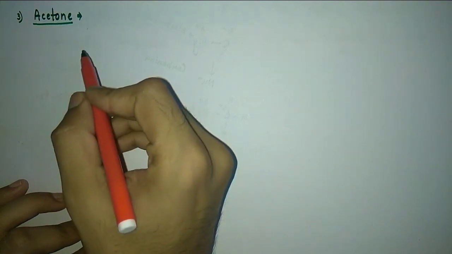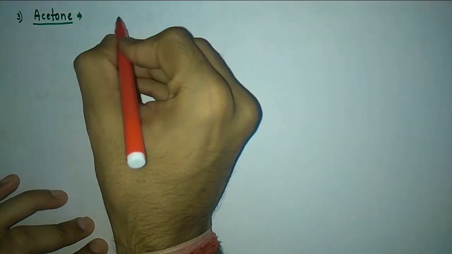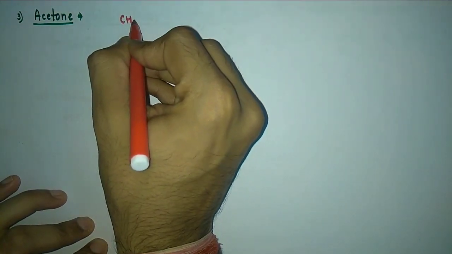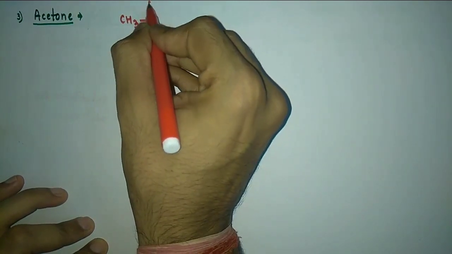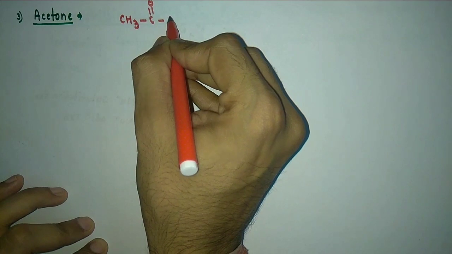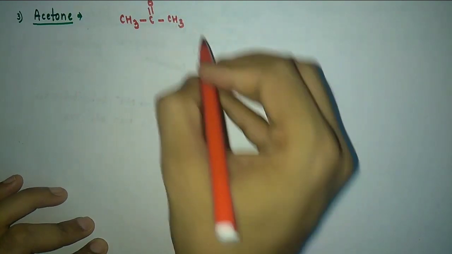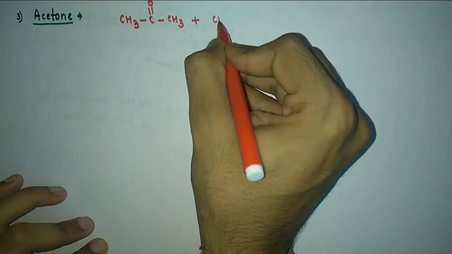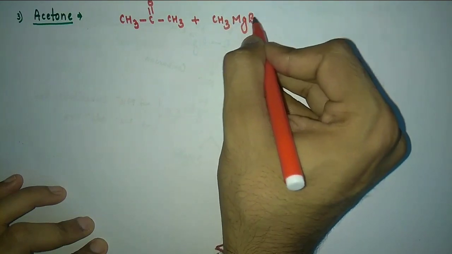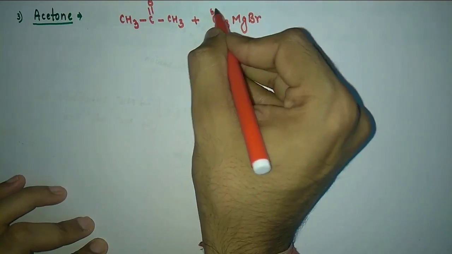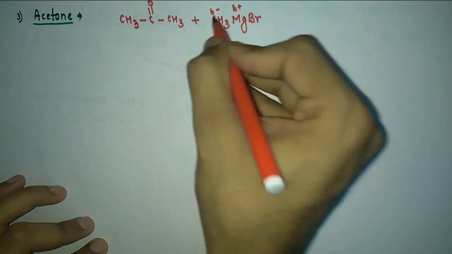Now the next reaction is with acetone. What happens when acetone reacts with our Grignard reagent? Okay, this is CH3, CO, CH3. This is propan-2-one. Okay, what happens when it reacts with Grignard reagent? Simple. This is negative, this is positive.